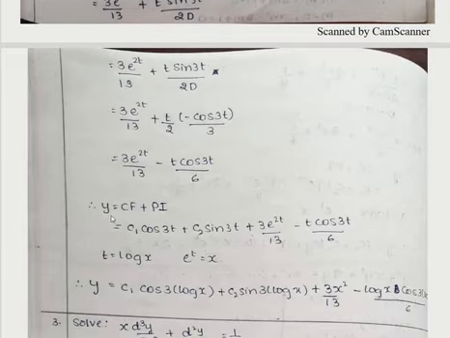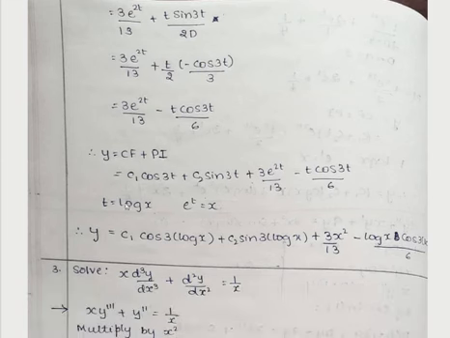Therefore, the general solution is y is equal to yc plus yp. What is yc? c1 cos 3t plus c2 sin 3t, plus what is yp? 3 into e power 2t divided by 13 minus 3 into cos 3t divided by 6, and replace t is equal to log x and e power t is equal to x.